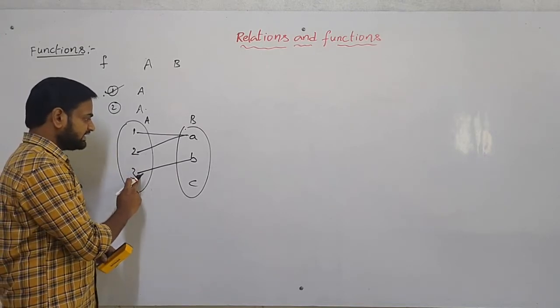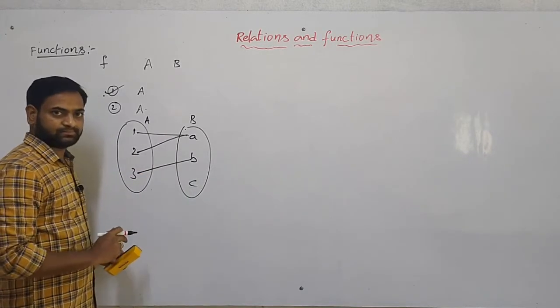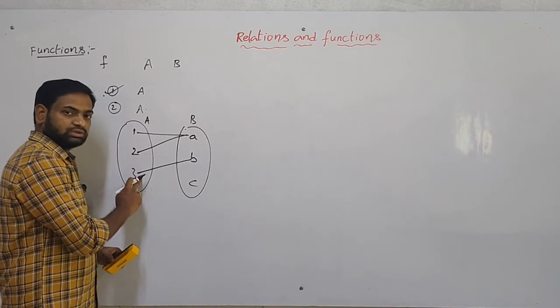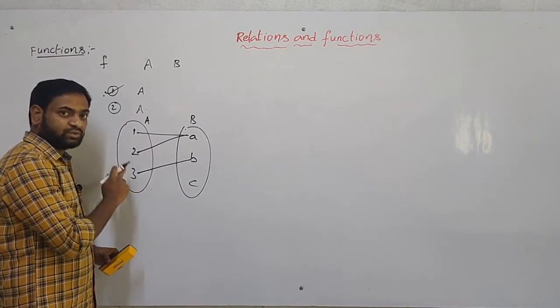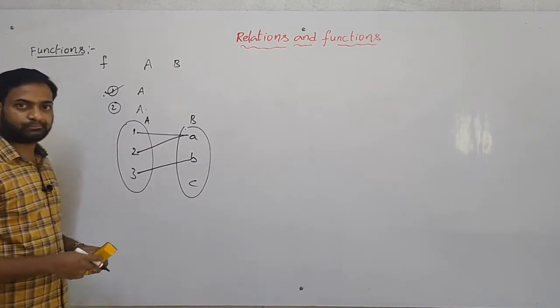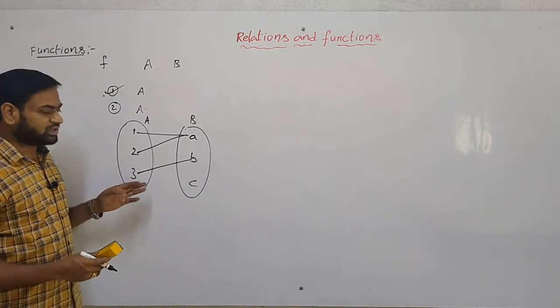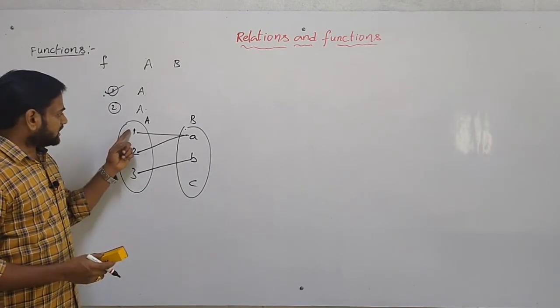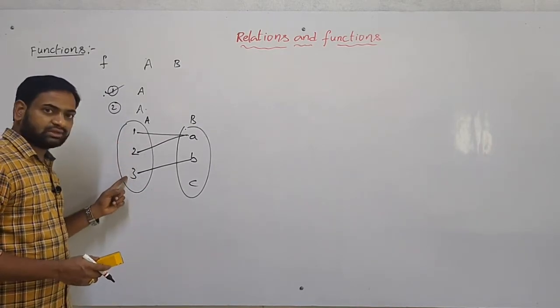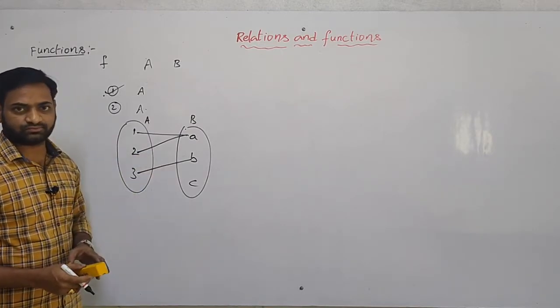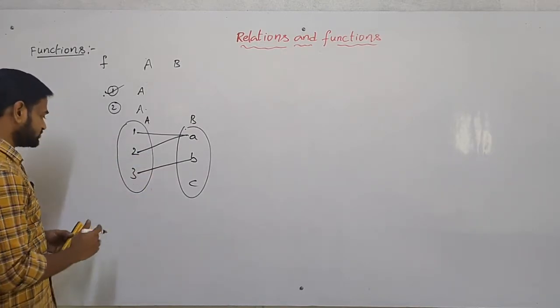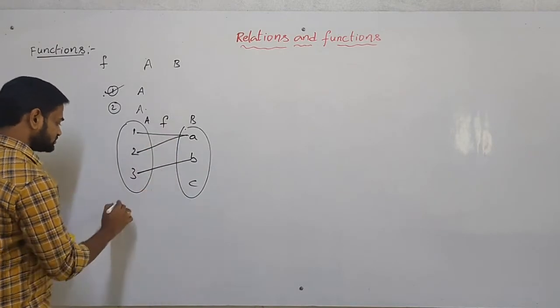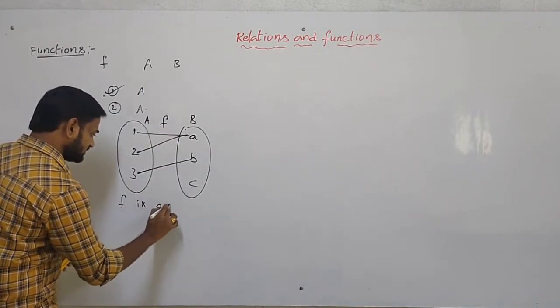Next, 3 is mapped to B. So the number of images for 3 is also 1. 3 also contains only one image. So here every element is in the mapping and has only one image. So it is a function. So f is a function.